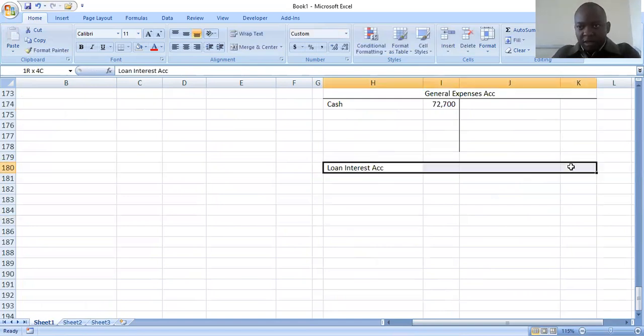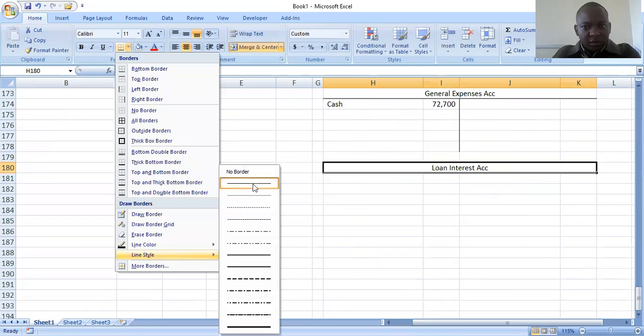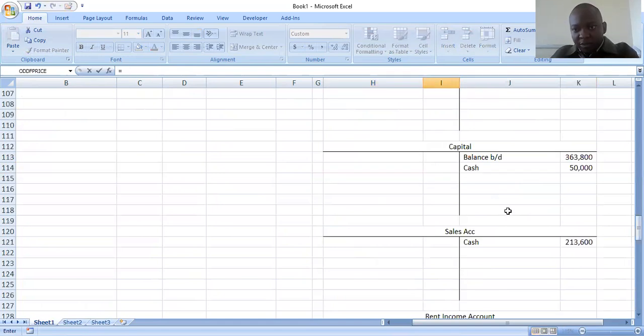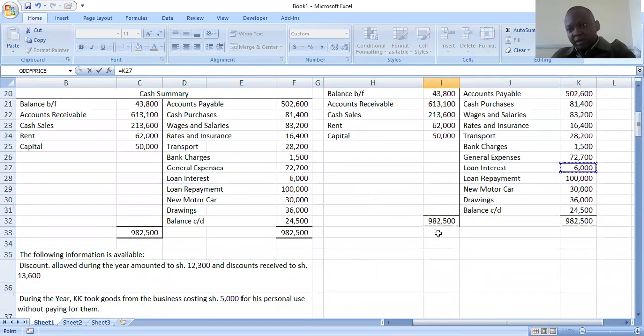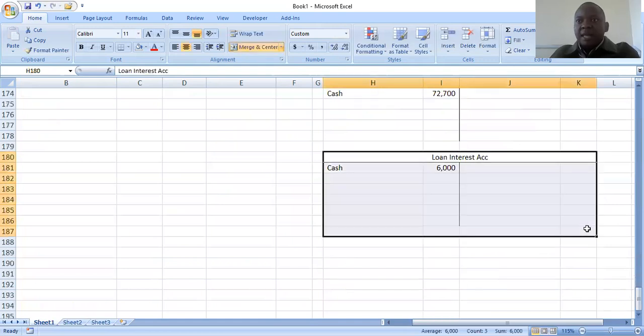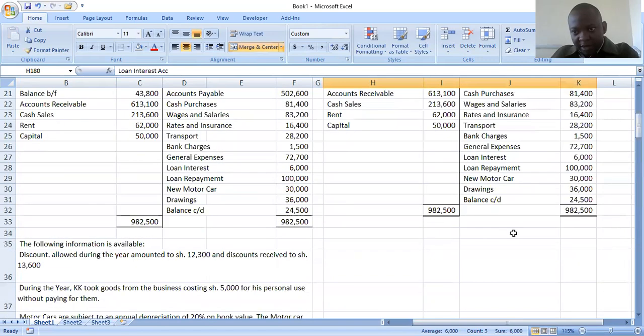You open the loan interest account and debit by cash, and the amount from the cash book is 6,000 shillings. So like that. Then back to our cash summary.